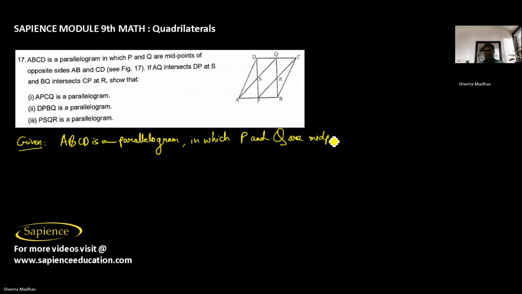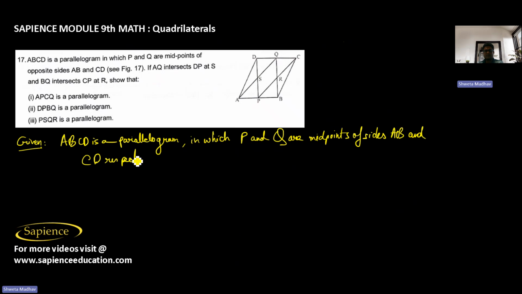So here it is given. First we will write what is given. It is given that ABCD is a parallelogram in which P and Q are midpoints of the sides AB and CD respectively.